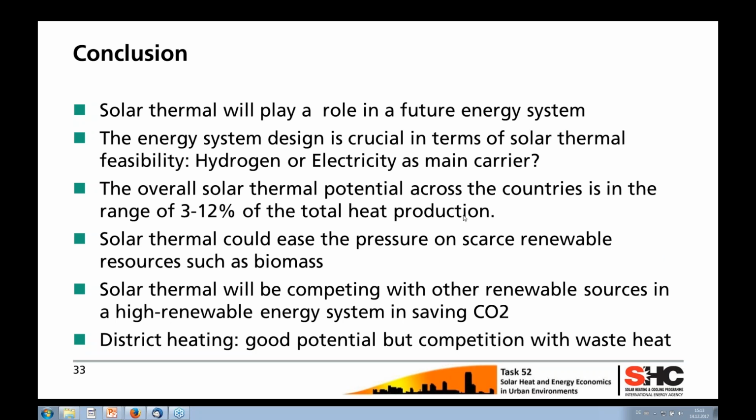So hydrogen or electricity as a main carrier, and you see the potential is between 3 to 12% of the total heat production. And what we see especially is that solar thermal could definitely ease the pressure on scarce renewable resources such as biomass. And for sure it will be in competition with other solutions to achieve these high CO2 savings. And district heating, we have a good potential, but it might be in competition with waste heat.